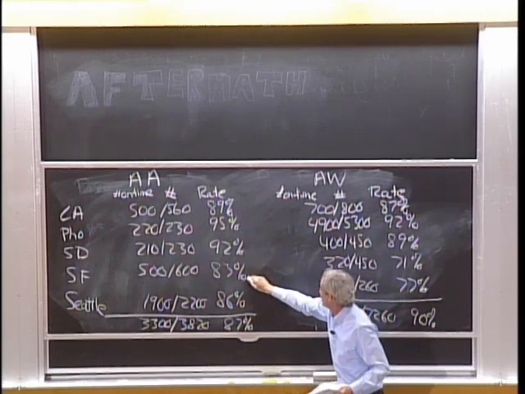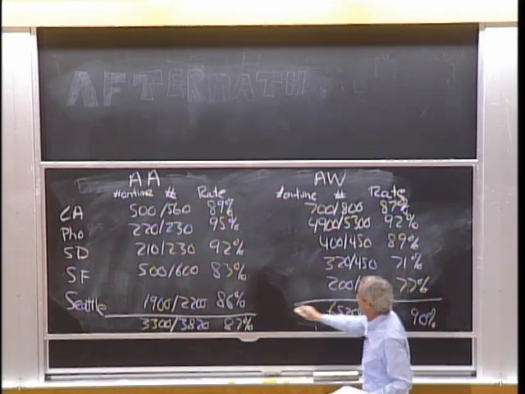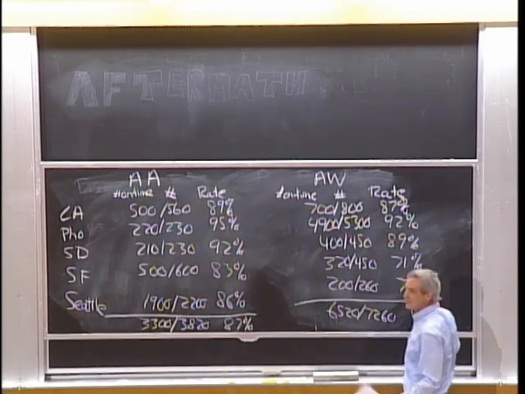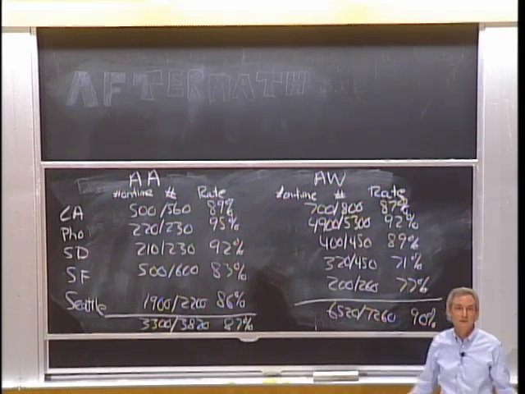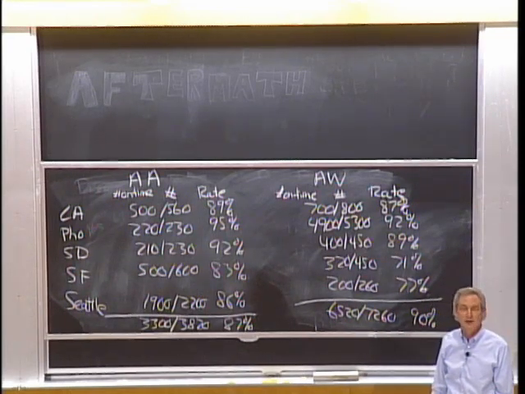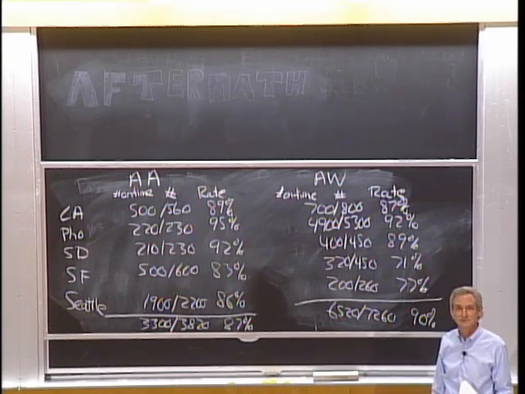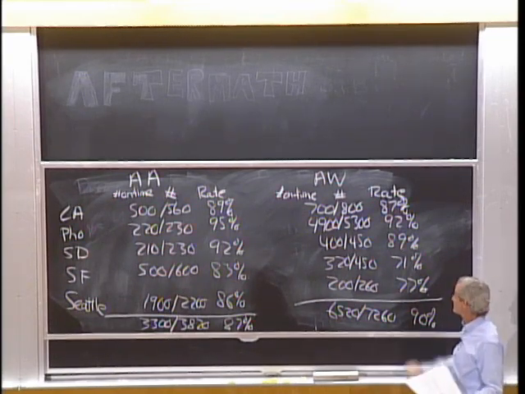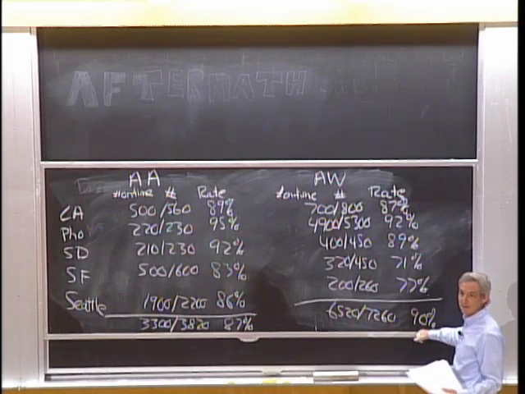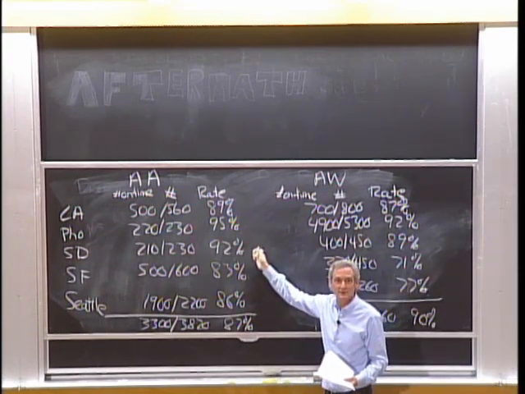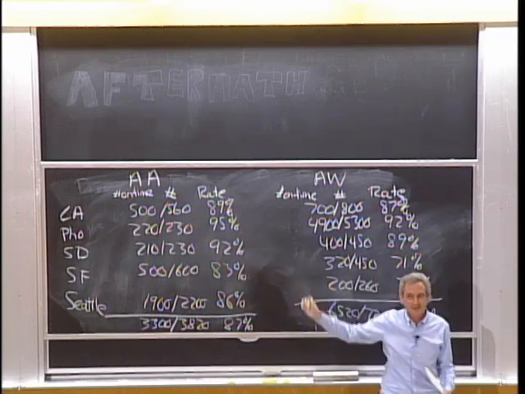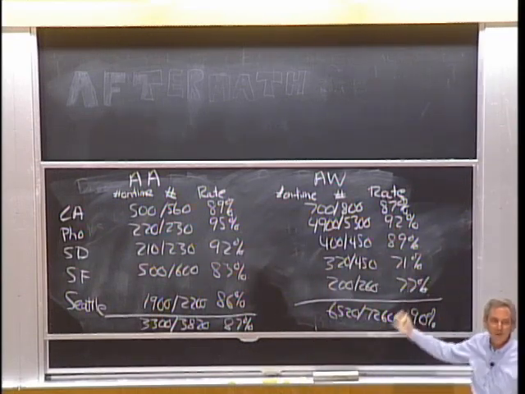Everywhere it's better by a bunch. 83 versus 71. 86 versus 77. Every single city, American Airlines is better. Yet, America West is better overall. And that's what the newspaper said. But of course, no matter where you're going, you're better off with American Airlines. All right? Now, what happened here?